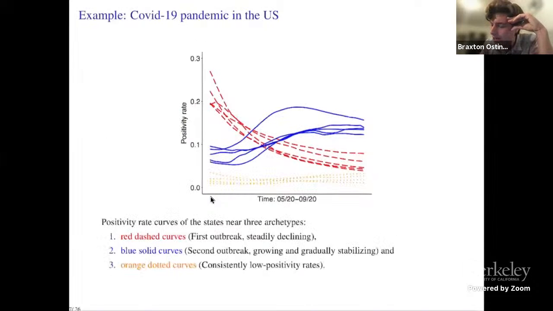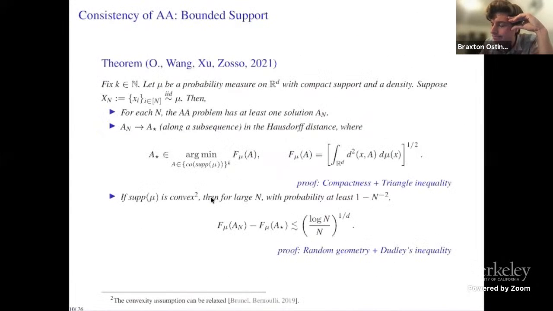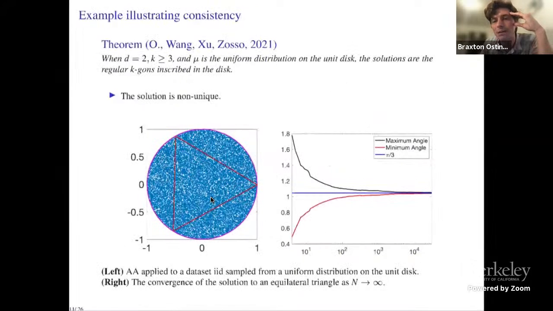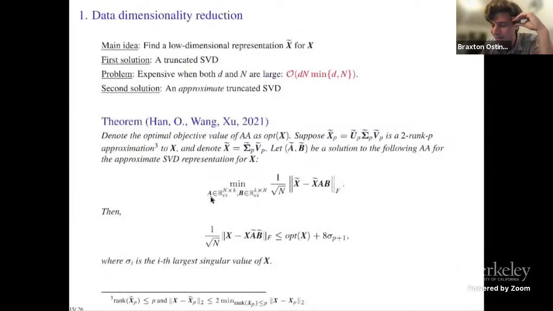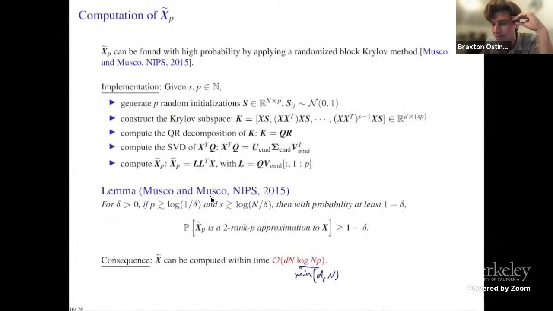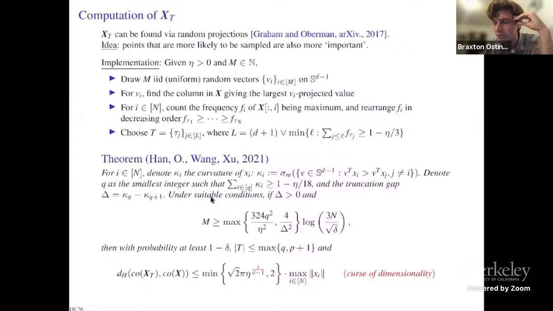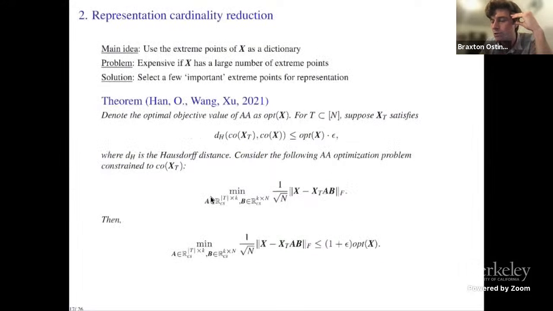And your comment about throwing out unimportant data points, I think this is somewhat what we do when we compute X of t. When we reduce the representation cardinality, we're trying to throw away points that are in the interior of the convex hull of the data.